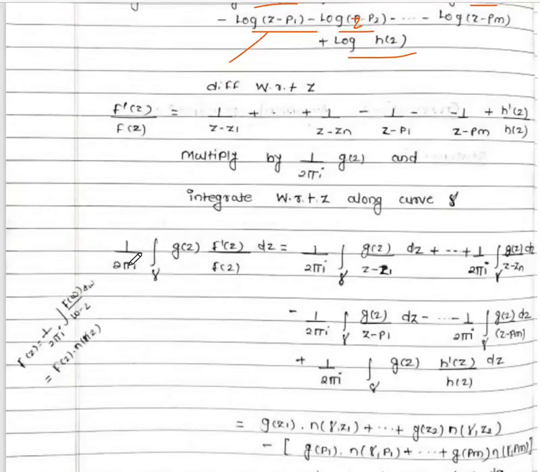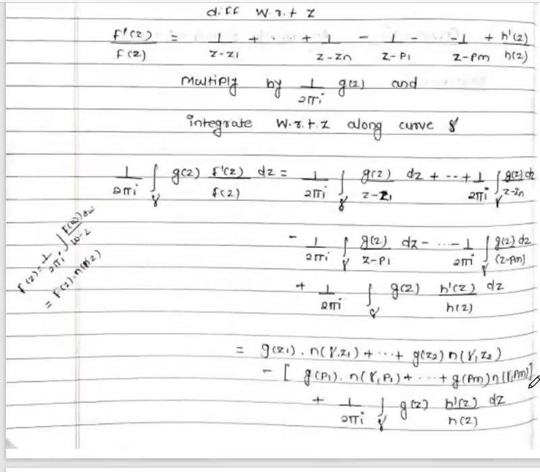So we get 1 upon 2 pi i integral over curve gamma g of z f dash of z upon f of z dz equal to 1 upon 2 pi i integral over curve gamma g of z upon z minus z1 dz plus and so on, 1 upon 2 pi i integral over curve gamma g of z upon z minus zn dz, minus 1 upon 2 pi i integral over curve gamma g of z upon z minus p1 dz, and so on, and the last term will be plus 1 upon 2 pi i integral over curve gamma g of z h dash of z upon h of z dz.